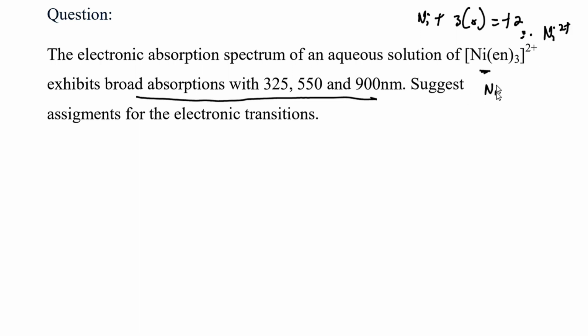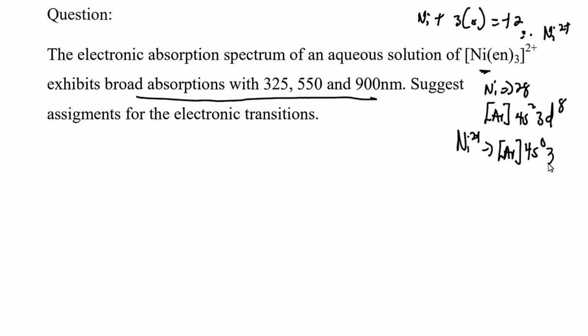Nickel is 28, and the configuration is Ar 4s2 3d8. For Ni 2 plus it is Ar 4s0 3d8, so 3d8 is the same thing as D8.